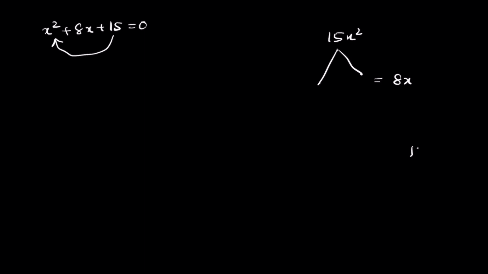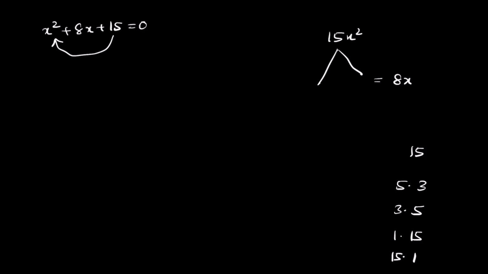So let's try another problem as an example. Let's say I have x square plus 8x plus 15 equal to 0. When you multiply the first and the last term, it's 15x square. You have to split it in such a way that you get 8x. The factors of 15 are, notice that this is positive, 5 times 3, 3 times 5, 1 times 15, or 15 times 1.